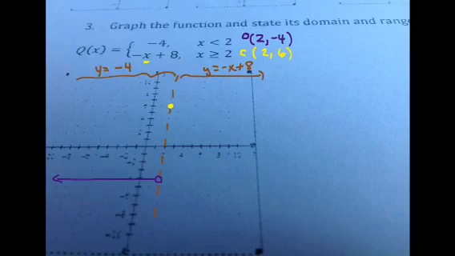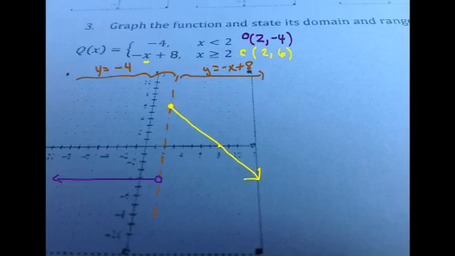The slope is -1, right? That means it's going to cross, and the picture is not straight on, so it looks kind of weird, but it would cross at 8, 0. Negative slope going this way.